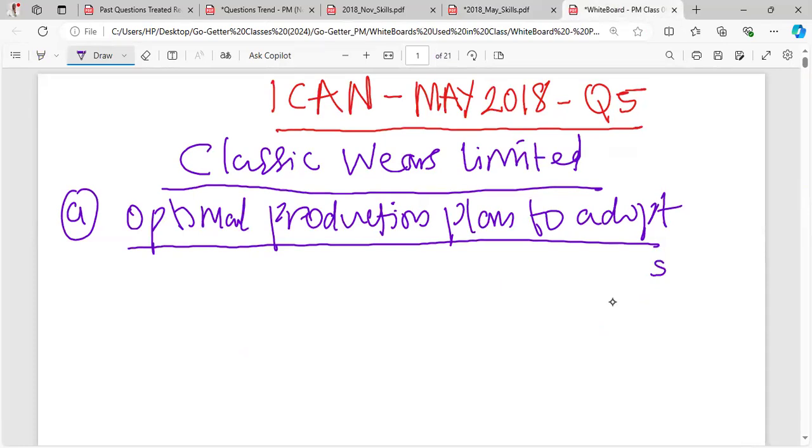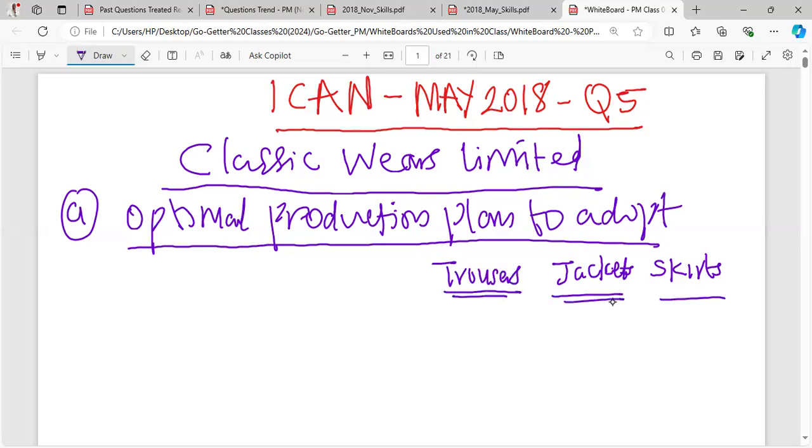This is skirt. This is jacket. And this is trousers. Trousers, jacket, and skirt.